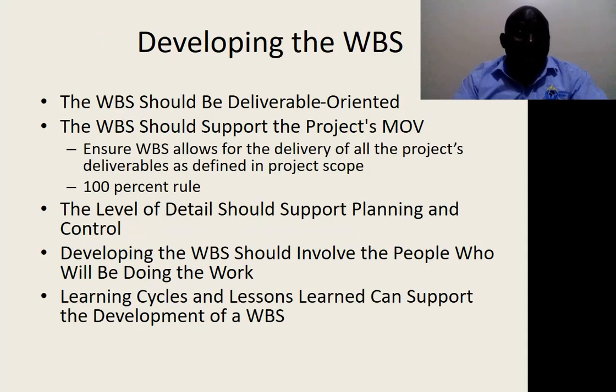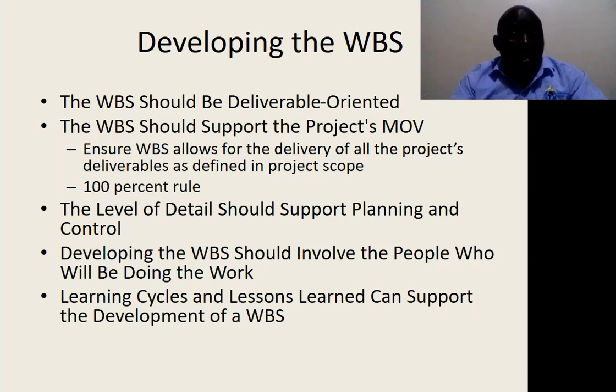When we are developing a work breakdown structure, what we call the WBS, one, it is important that the work breakdown structure should be deliverable oriented. As you break down this work, as you break down the kind of activities you have, they should be geared towards ensuring that tangible things come out.